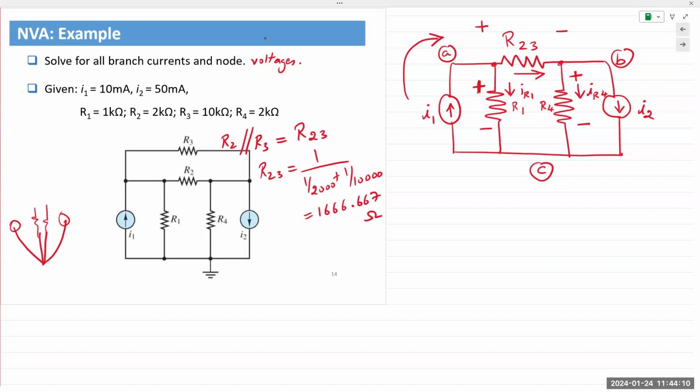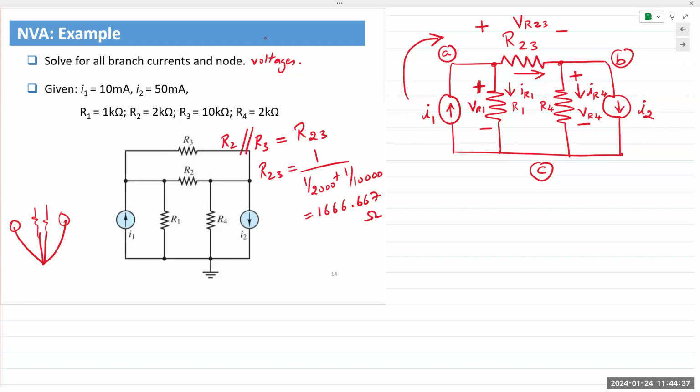Right? So this is VR1. This is VR23. And this plus minus, a little difficult, getting crowded in here, but it refers to VR4. Okay? So anytime I talk about subscripts, that is what I mean. I'm referring to those components.